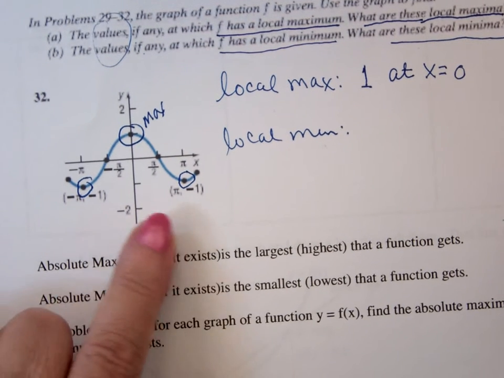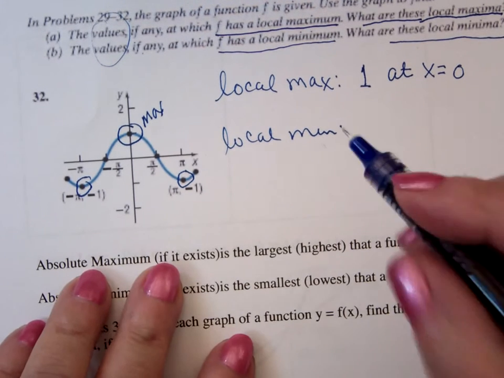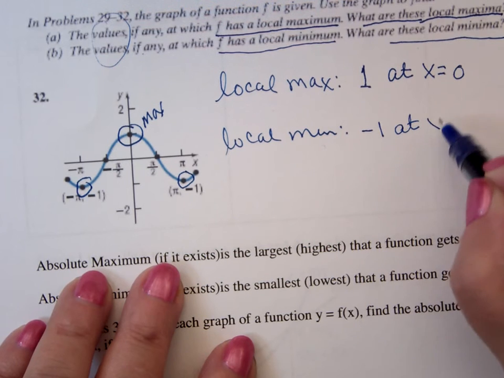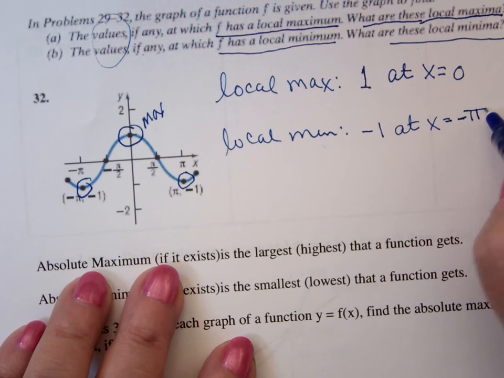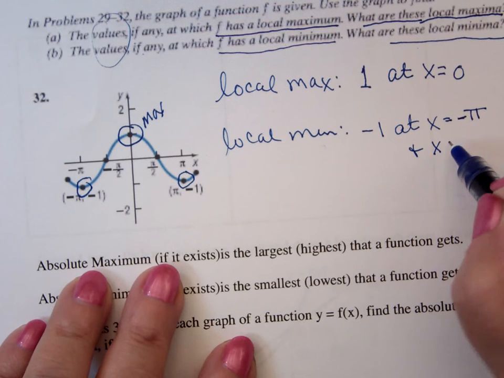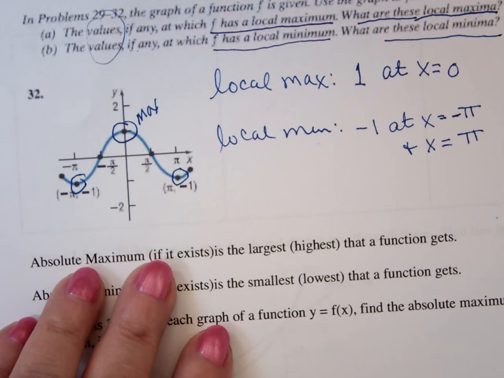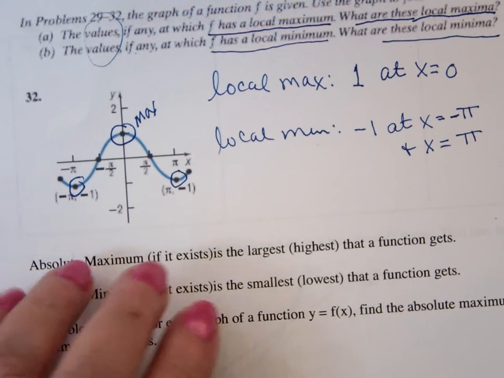They both have a value of -1, so it's going to be -1 at x equal minus pi and x equal plus pi. Where does it occur? It occurs at plus and minus pi. What is it? -1.